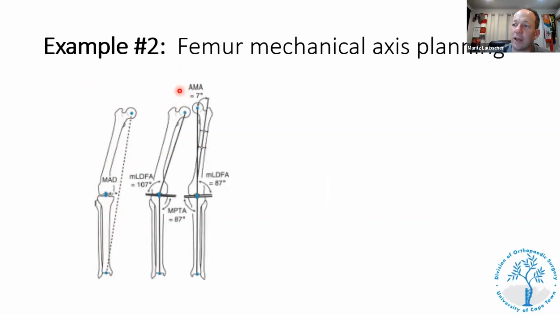Then you need to draw your anatomical axis down the femur and measure the anatomical lateral distal femoral angle, which will still be abnormal, and in the tibia the two are parallel. So after this first step, you could just use anatomical axis planning. Then you must remember that you must compare this to 81 and not to 87 degrees. That would be acceptable as long as you understand what you're doing.